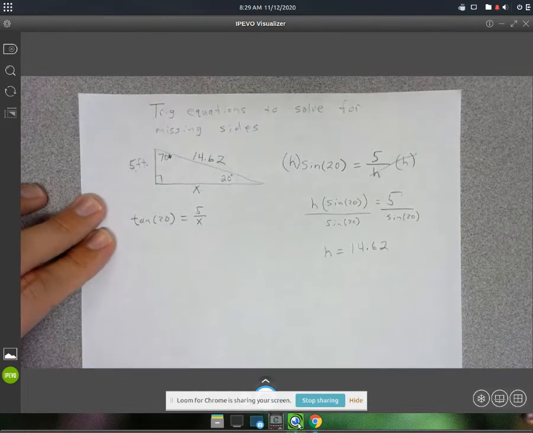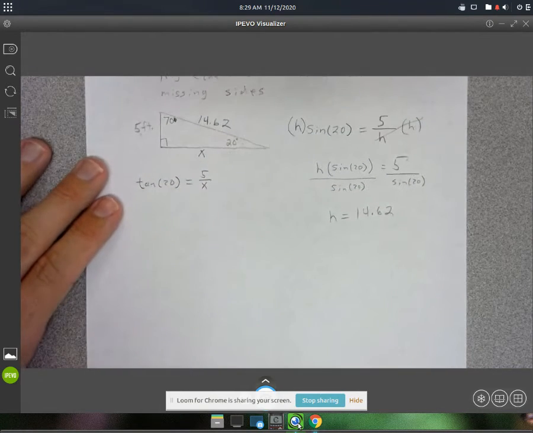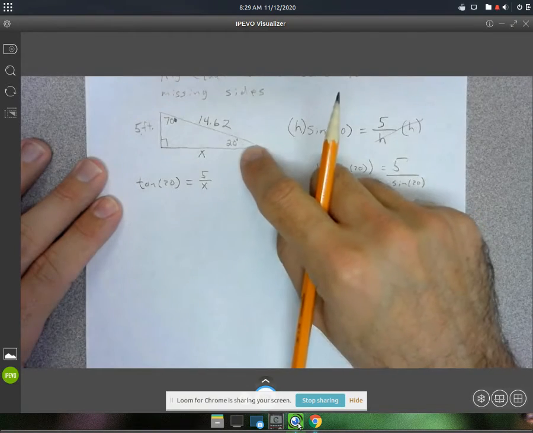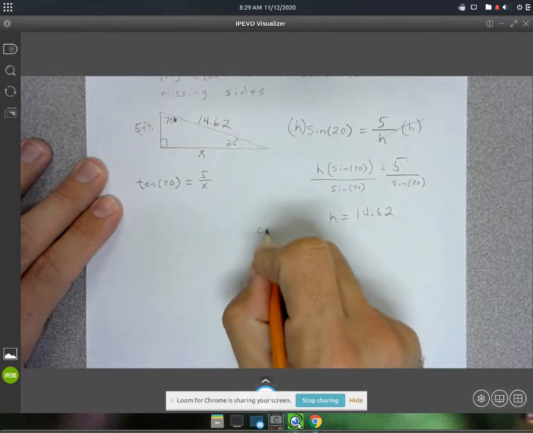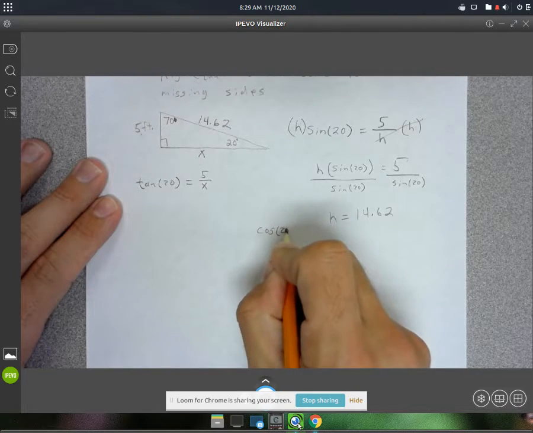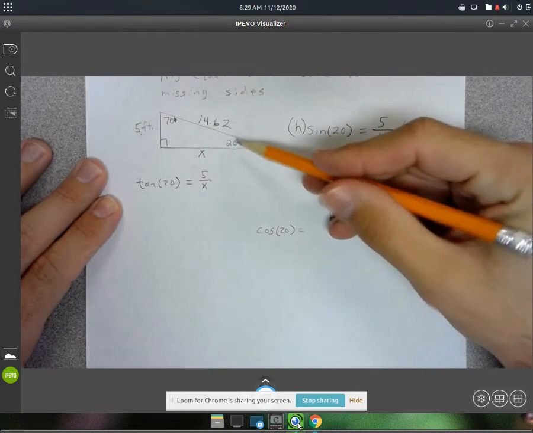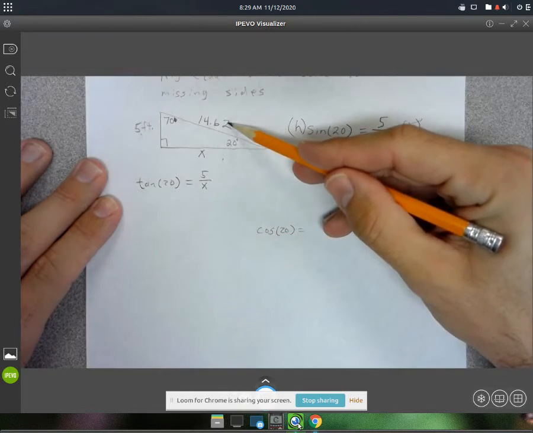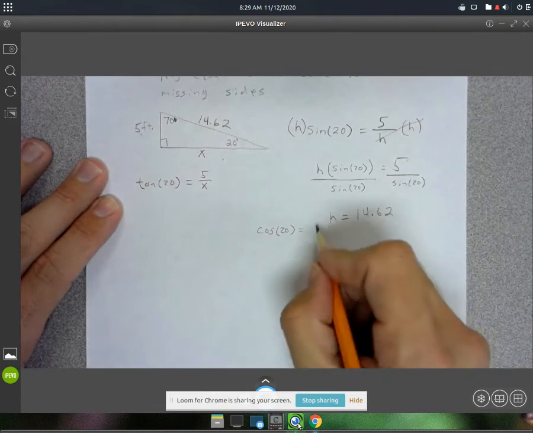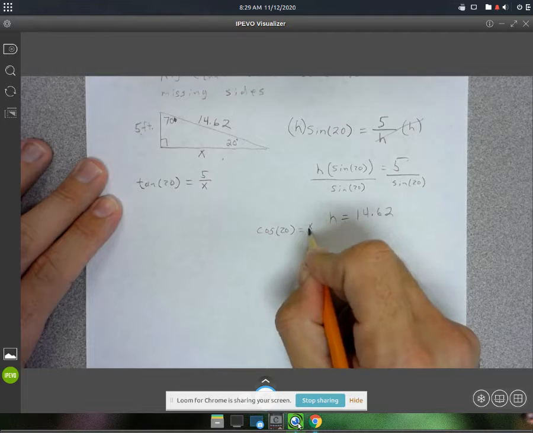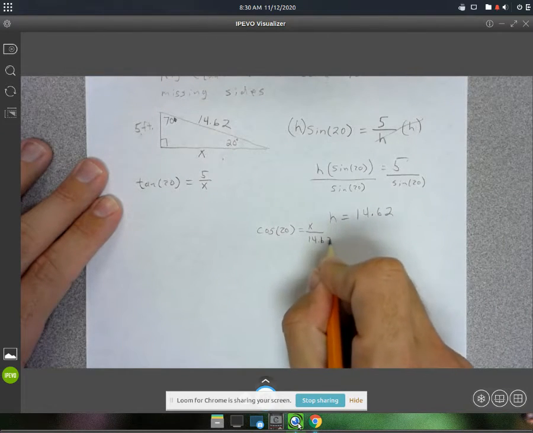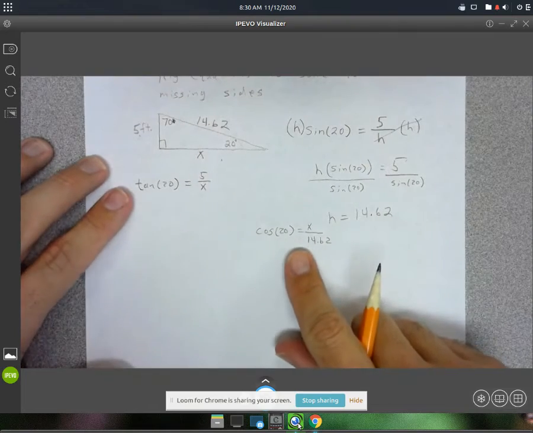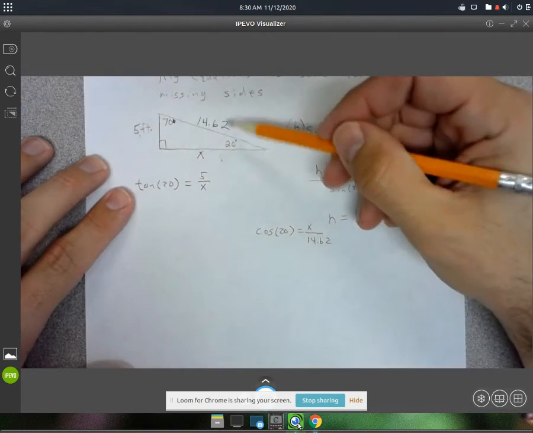Another way you could do it is to use cosine of 20. Cosine is equal to adjacent over the hypotenuse, so adjacent would be x, and the hypotenuse could be 14.62. So either of these would work, or you could just use the Pythagorean theorem.